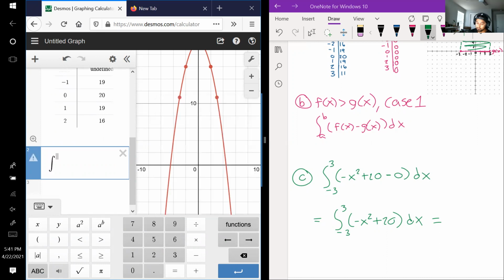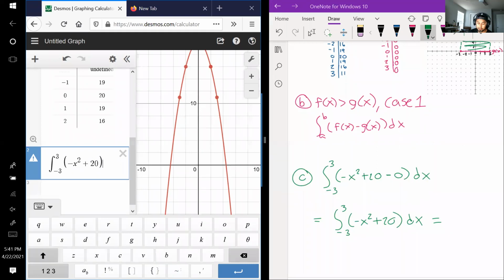So we'll do the integral, negative 3 to 3 of negative x squared plus 20 with respect to x. And we're going to get that the area between both of those curves is 102. And that's it.